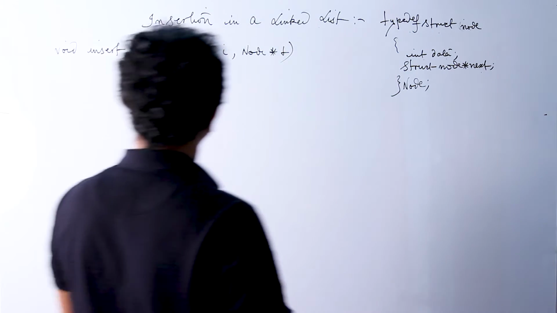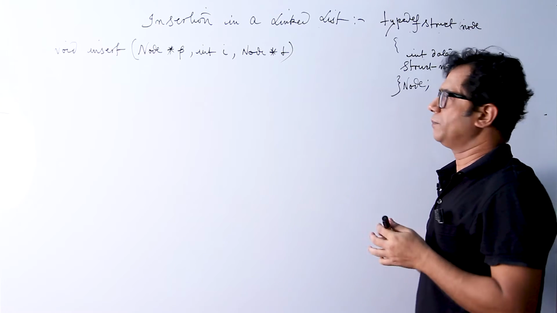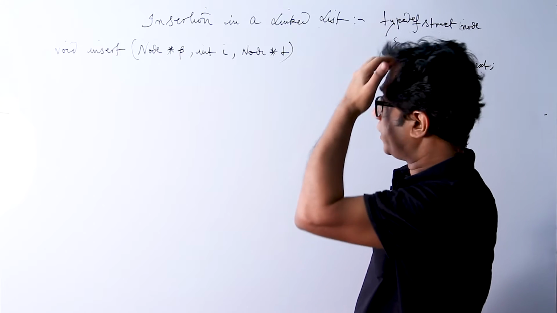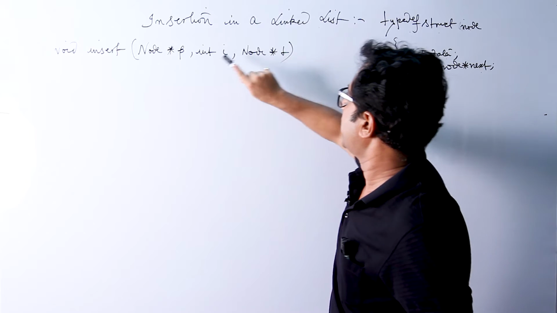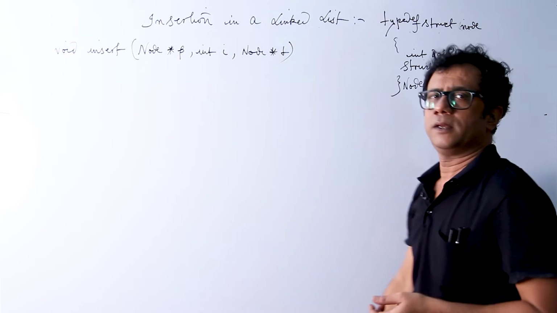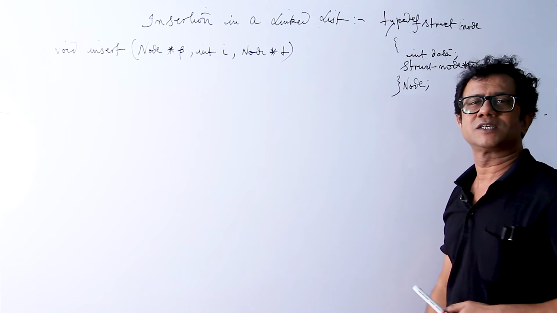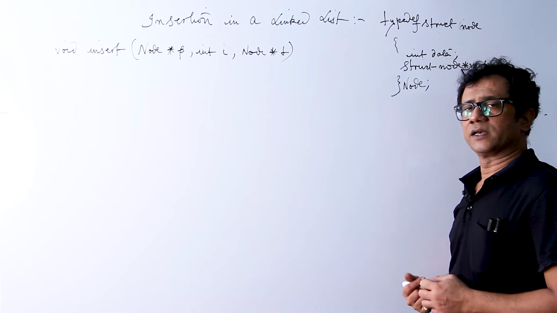So I have taken three parameters in this function definition, where we have two pointers to the node type, that is node star p and node star t, and one integer variable i, and that integer variable denotes in which position we want to insert the node in the existing linked list.